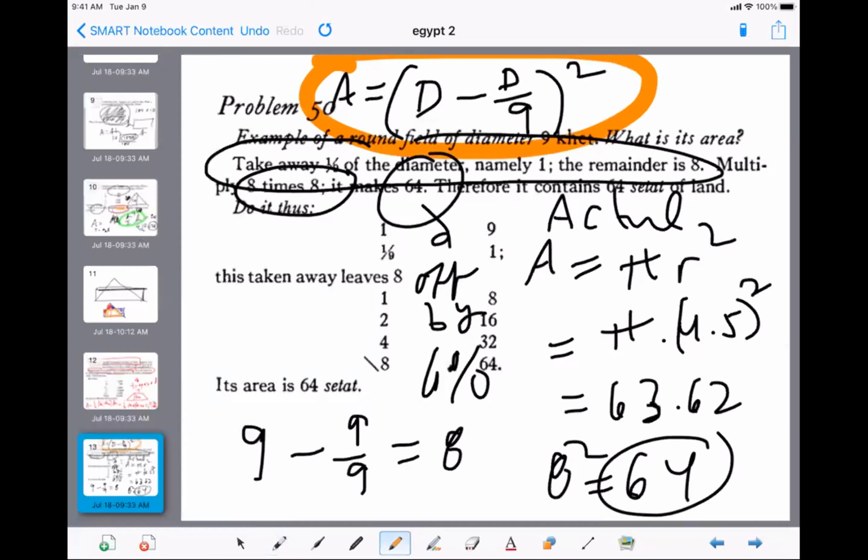They may have failed the course or come pretty close to failing. So here's a formula, (d minus d/9) squared, that you're going to want to memorize. It's certainly an easy formula to apply once you know it, but that's the kind of question I like to ask on the final.